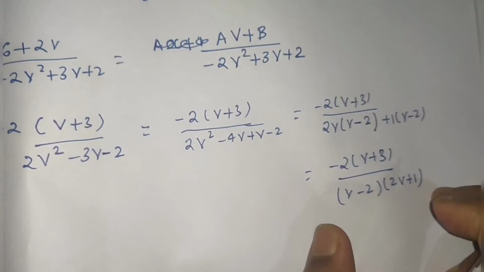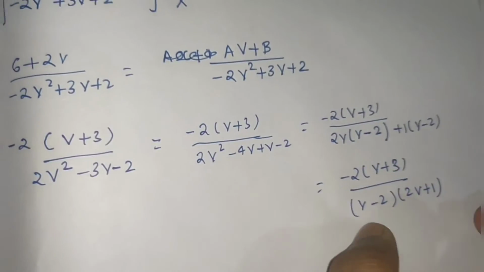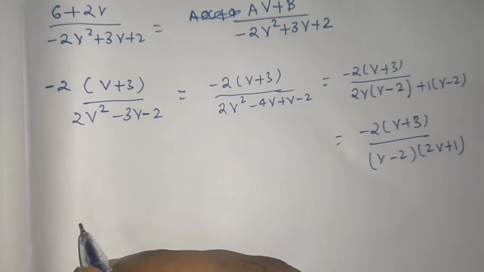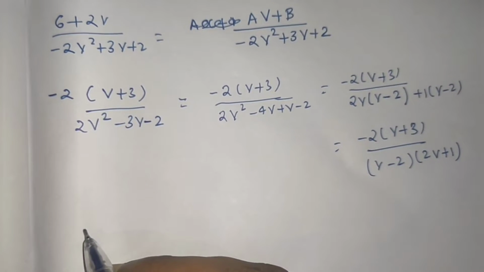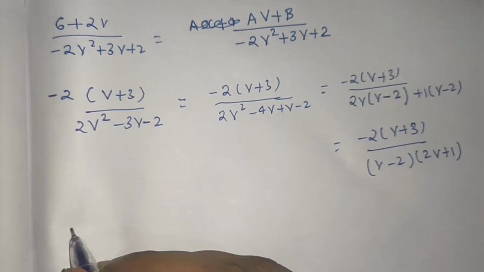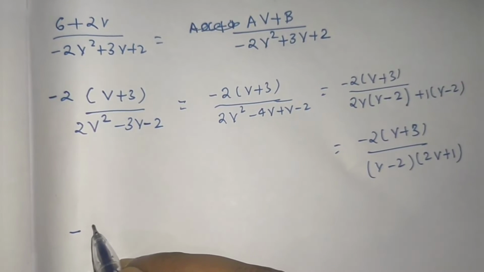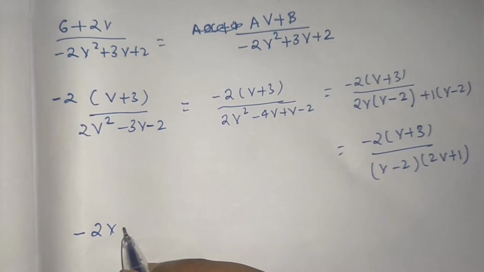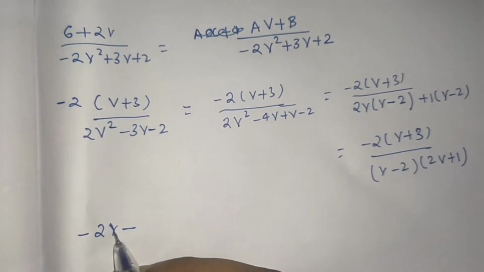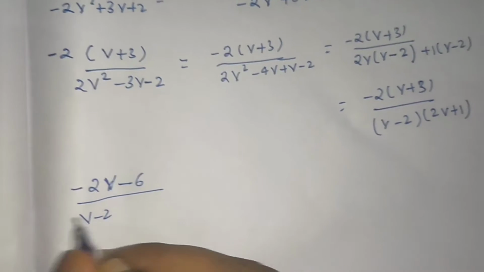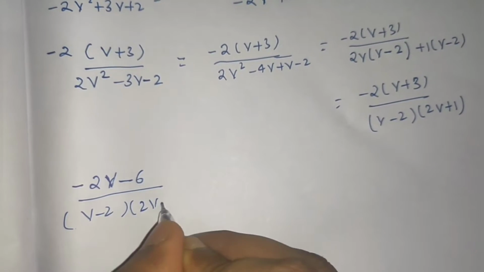So instead of doing on this, it's better to do on this. Minus 2, I can now again write this as minus 2v minus 6 divided by v minus 2 and 2v plus 1.